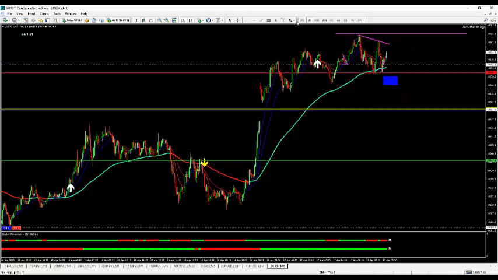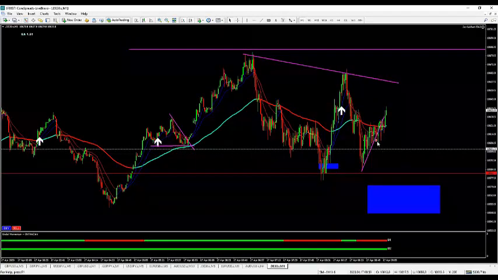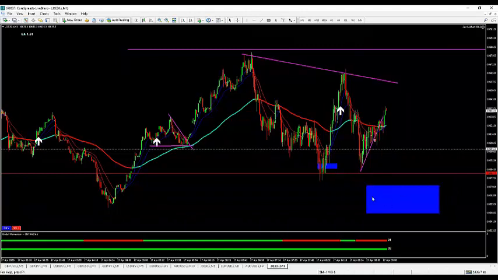Going back over into the 1 minute, as I said, this was only a 1 minute trade, and had this broken, I reckon this could have been worth a good 200 pips. But on the other side, it was a bit of an aggressive trade, and I was very clear that it was a 1 minute trade.